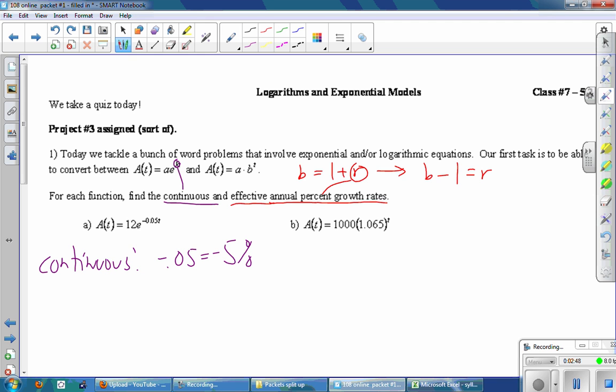And then which one is it easy to find the effective annual percent growth rate? Well, it's the one that has the b in it, because whatever the b is, you just subtract 1 and that gets you the r, which is what we're after here. So in this problem, 1,000 times b to the t. So there's my b. So we just got to subtract 1 from it.